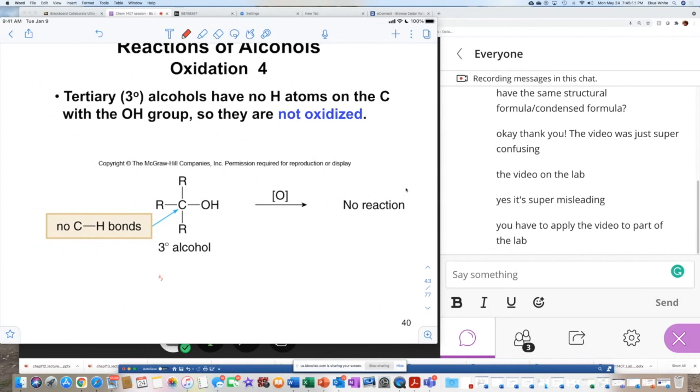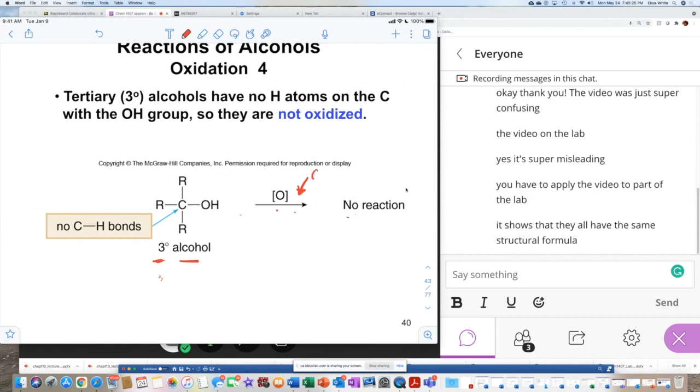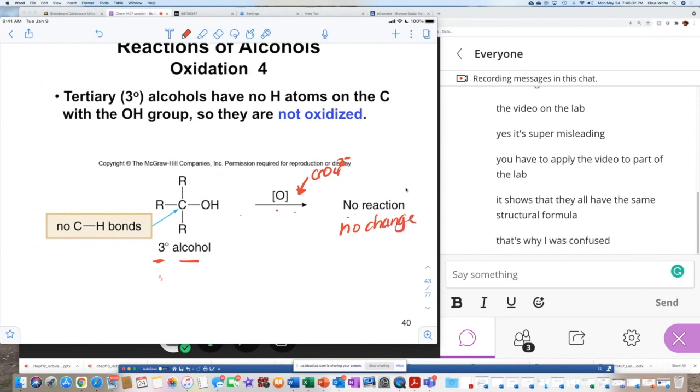If I remember that video correctly, there's a lot of videos I've watched recently. Some related to chemistry, some of them not. But essentially, a tertiary alcohol cannot be oxidized. So if you add the, I guess, chromate ion here, you will see no change in color. That's the gist of it.